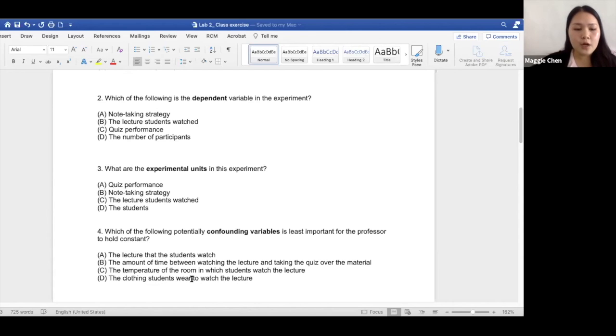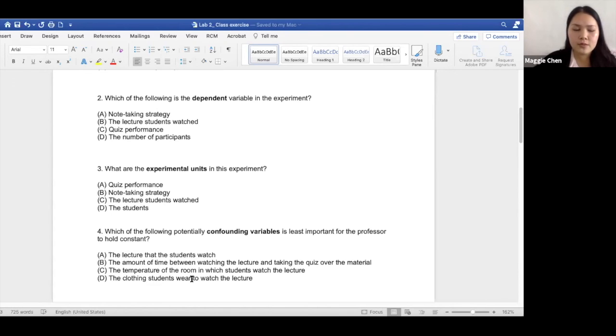So for option A, the lecture that the students watch, if we changed this, then our quiz performance would probably vary. So we would want to keep the lecture that the students watch constant. So that's pretty important. So we will not count A. For option B, the amount of time between watching the lecture and taking the quiz over the material.